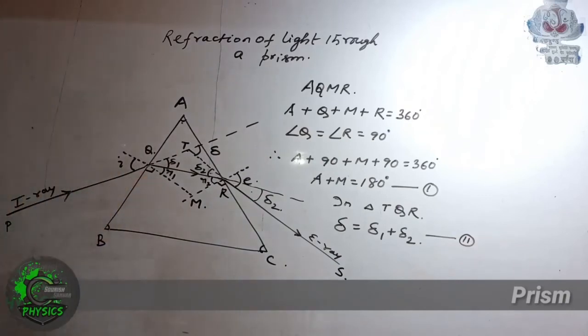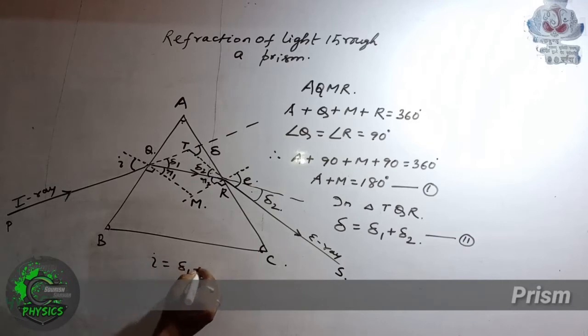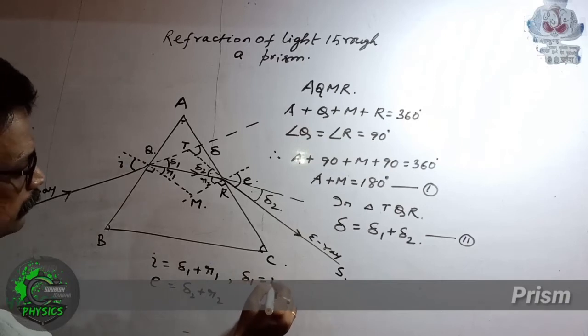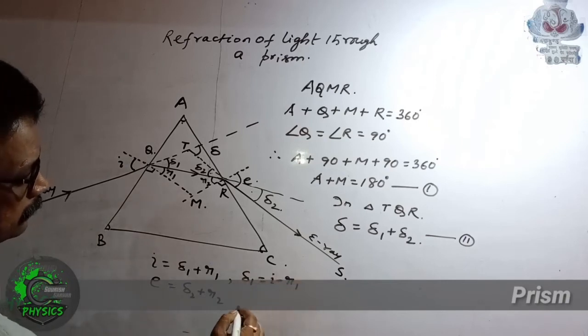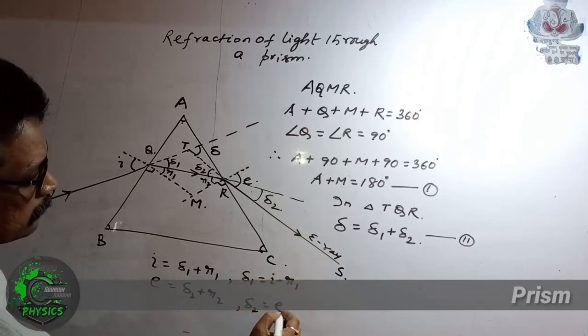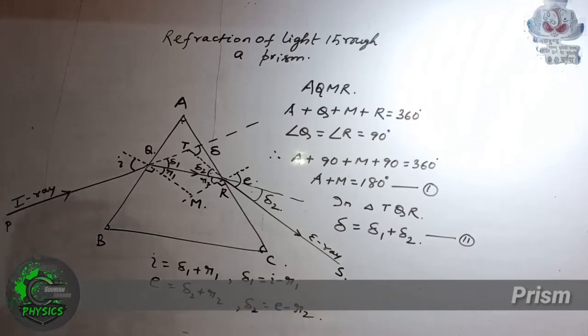You can see in this diagram that angle I equals delta 1 plus R1, vertically opposite angle, and angle E equals delta 2 plus R2. Therefore, delta 1 equals I minus R1 and delta 2 equals E minus R2.